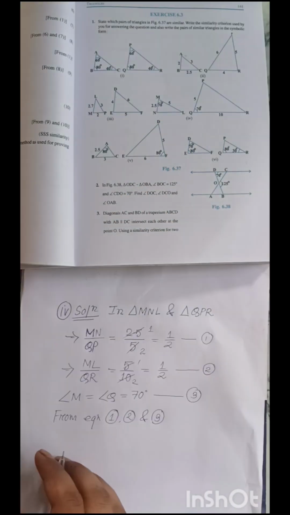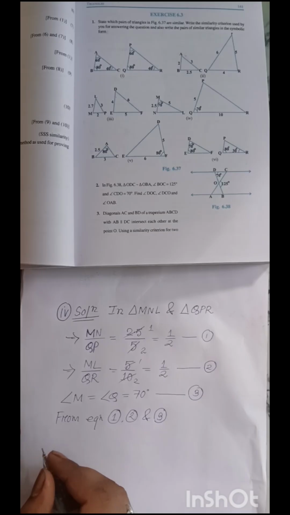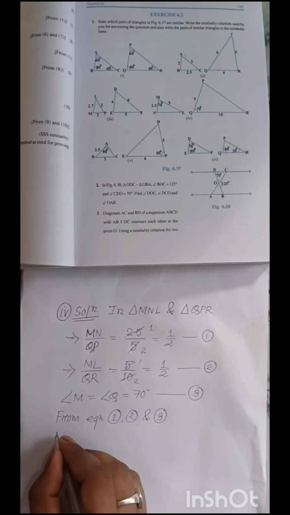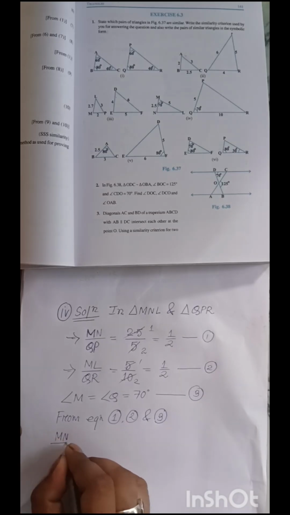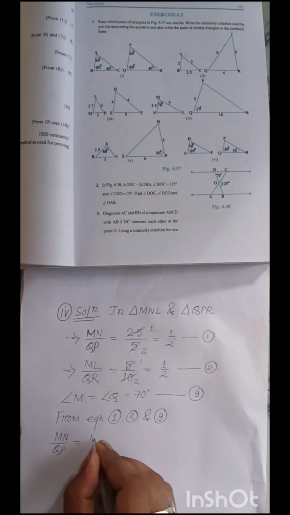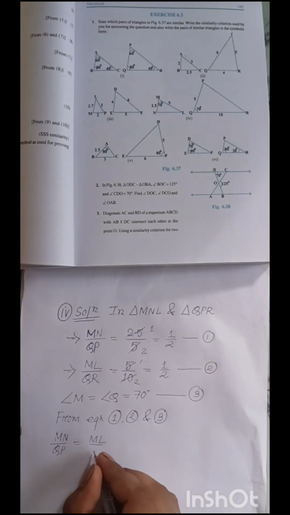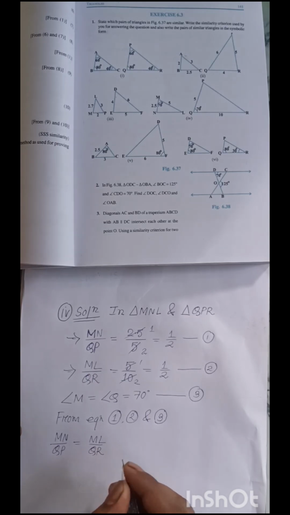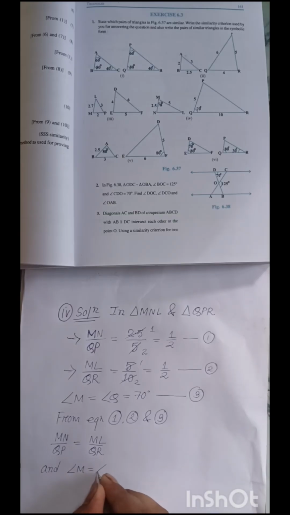So I can write here MN by QP equal to ML by QR, and angle M equal to angle Q equal to 70 degrees.